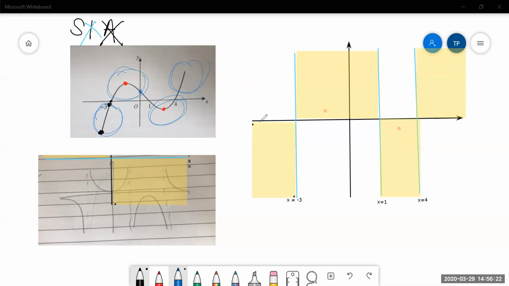So this portion of the graph should be respecting the vertical asymptote. It is not as smooth because I'm drawing on a pad, but if I'm drawing on paper, you should smoothen the graph out. So this part, perfect, correct.